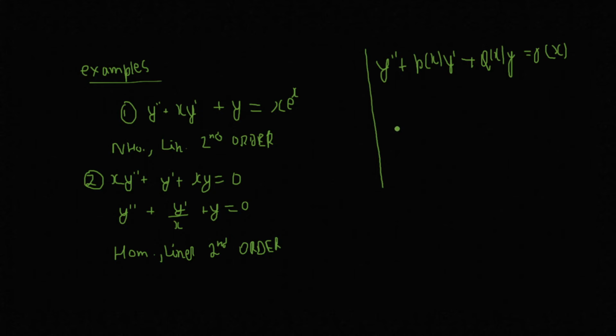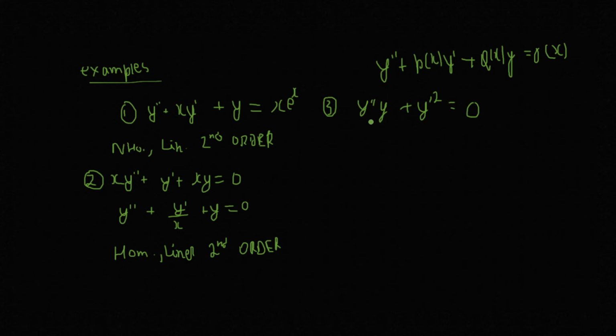We can take one more example. So the third example is y y double dash plus y dash square is equal to 0.